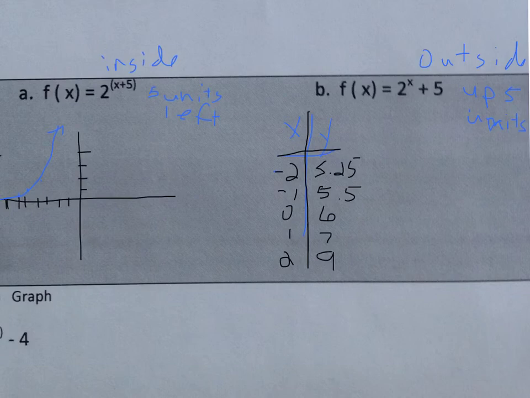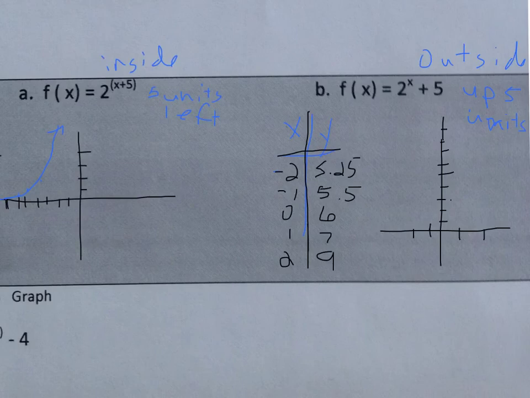Let's graph that. We got to go all the way up to 9. We're going to go -1 and -2 and 1 and 2. So 1, 2, 3, 4, 5, 6, 7, 8, 9. So negative 2 is 5.25. So 1, 2, 3, 4, 5 and a quarter.